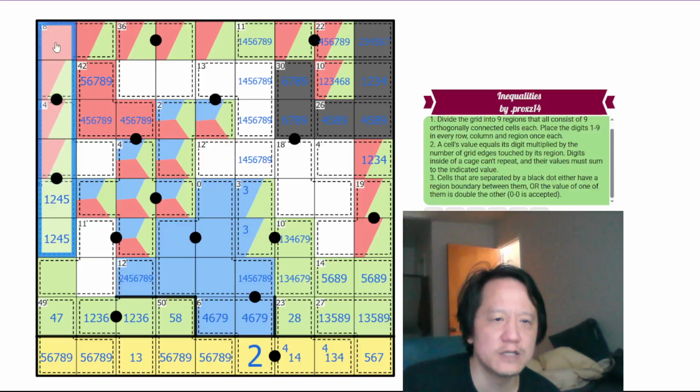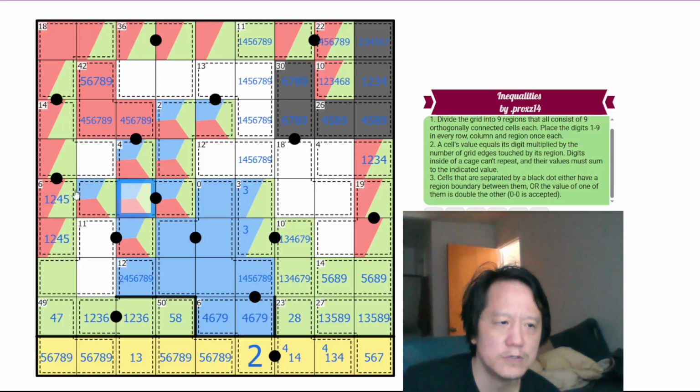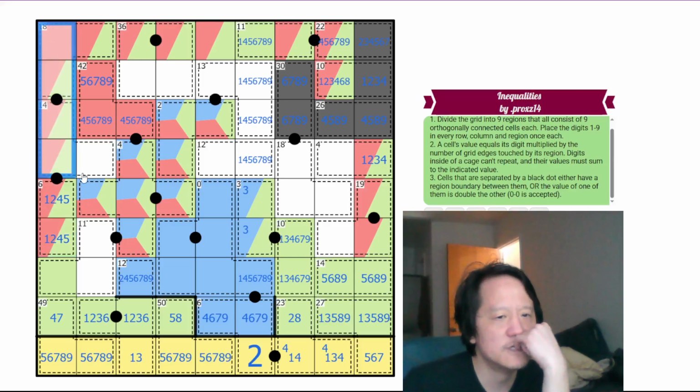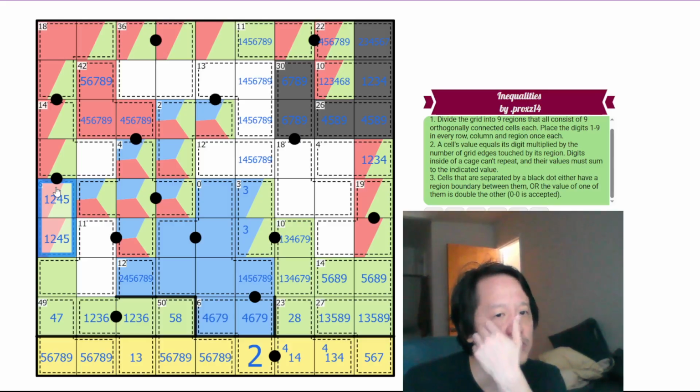This could technically still be part of this region. Is that possible? I don't think so. So assume these two are part of this region. Then this is doubled.